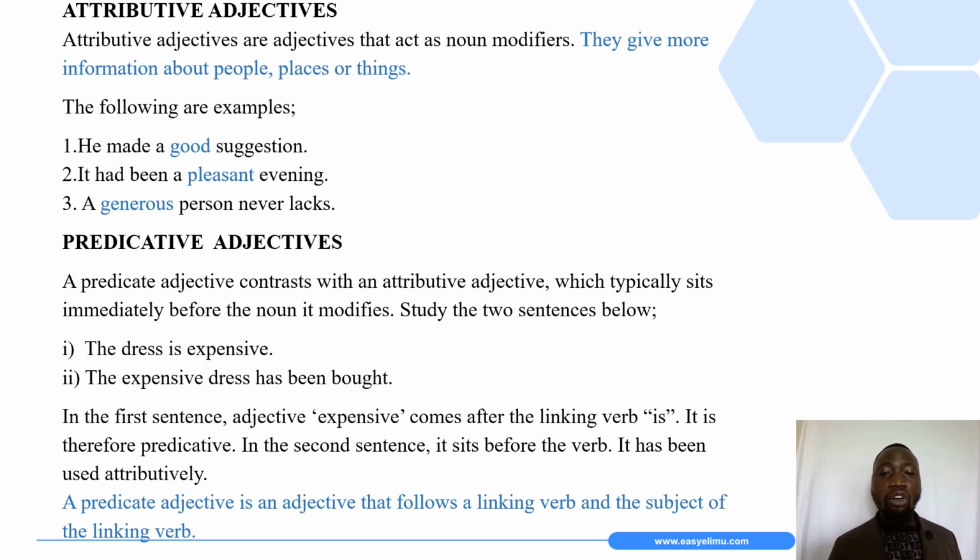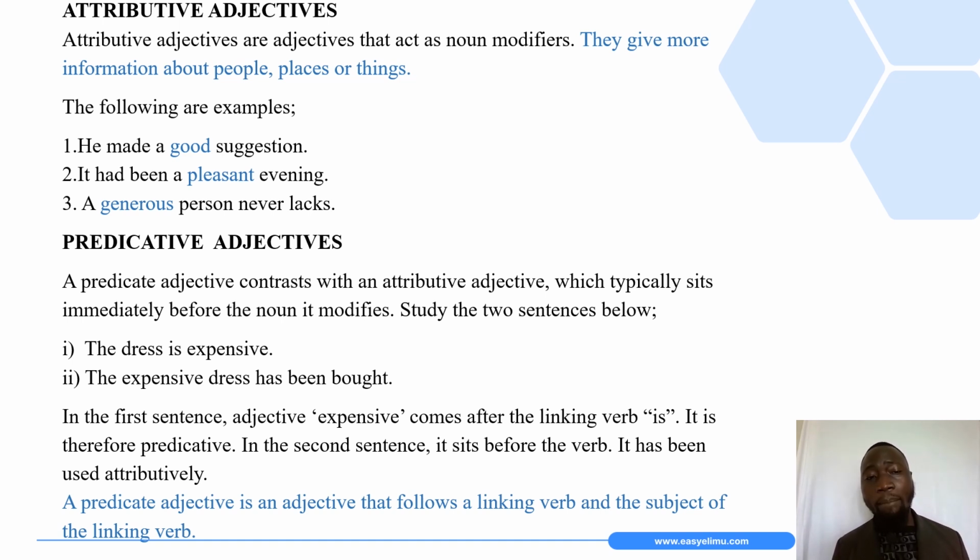So such adjectives are what we call attributive adjectives. So attributive adjectives are, in a nutshell, dear students, adjectives that are used to modify nouns in a sentence, and they appear before the noun in a sentence.